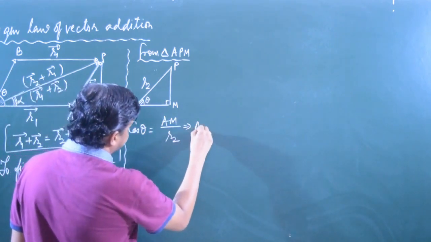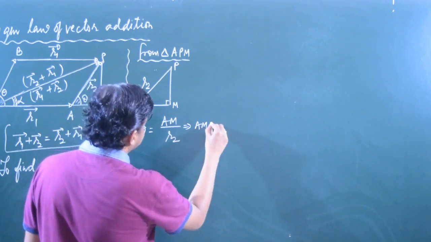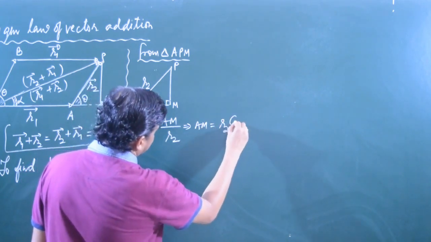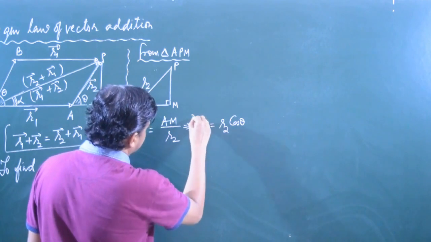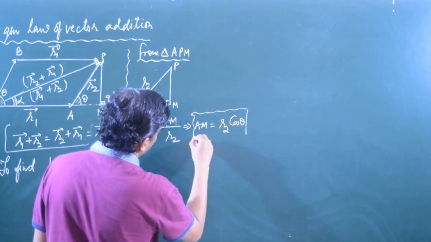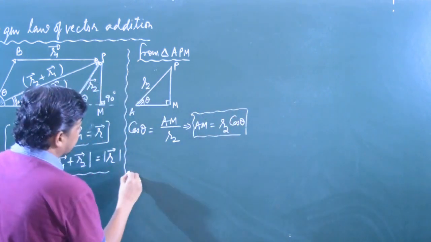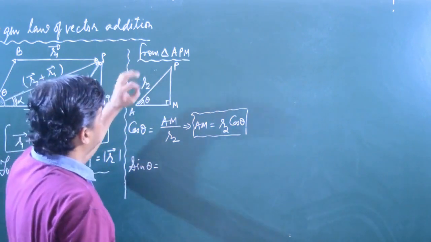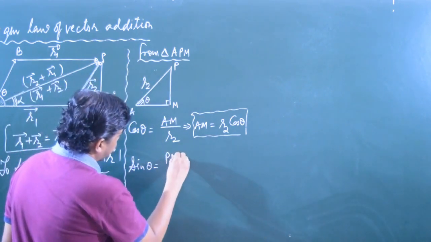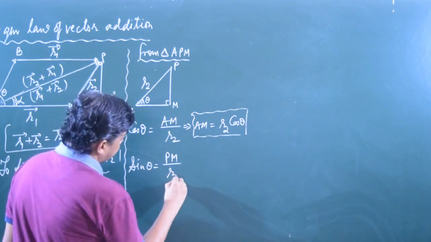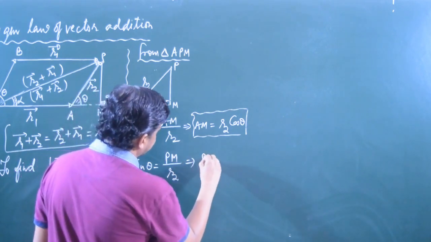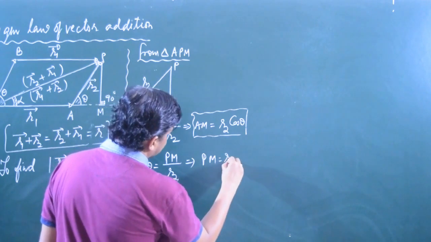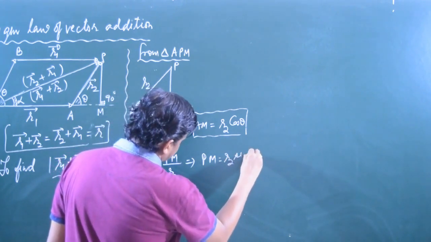So what we get? AM is equal to R2 cos theta. That's why we say the component along theta comes in cos. Then what is the value of sin theta? Sin theta is perpendicular by hypotenuse, so that is PM divided by R2. So you get the result, in front of theta it is always sin.